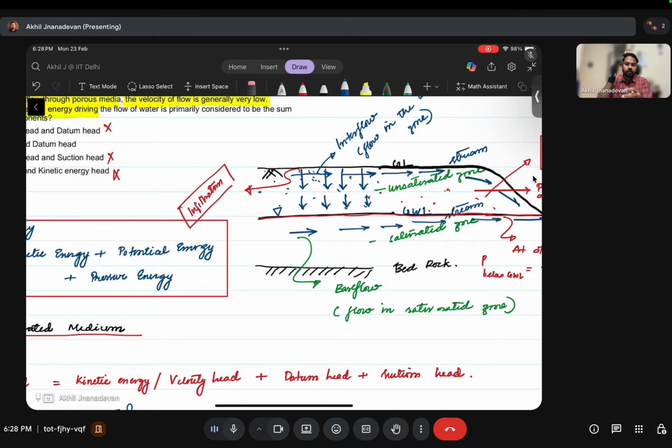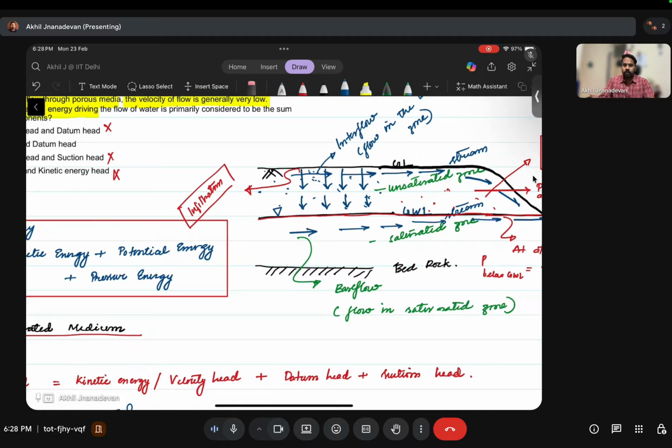Interflow is something that happens in the XY direction, right? In the Z direction, the vertical direction, the process that happens is called infiltration. So here we'll be modeling the infiltration. That's why we are considering only one dimensional. If you want to model the interflow or the lateral flow happening in the unsaturated zone, we need to go for a complete 3D representation of the Richards equation.